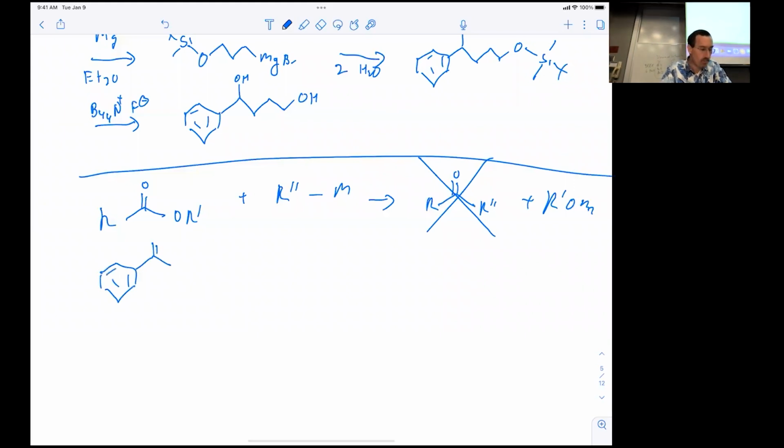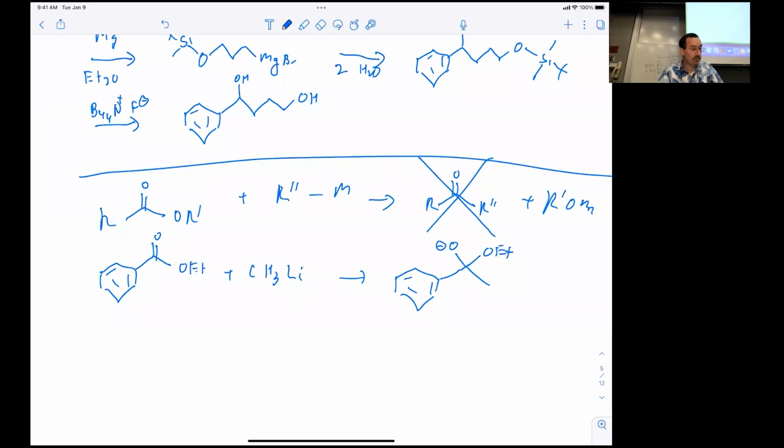If I take ethyl benzoate and I treat it with methyllithium, I want to think our way through this. I'm going to write a little bit of a mechanism. We go ahead and form a tetrahedral intermediate, like so.